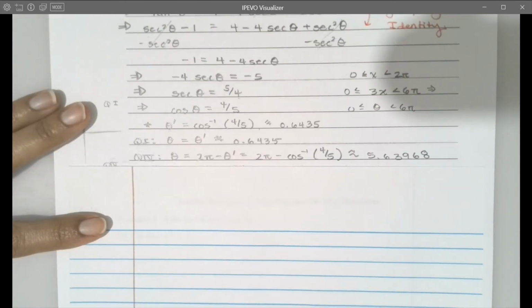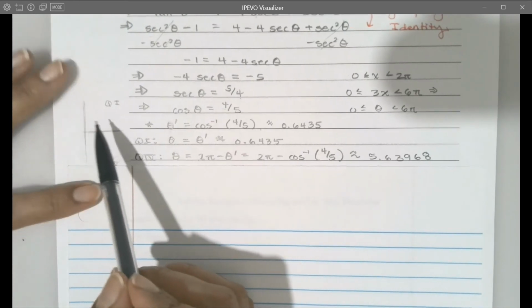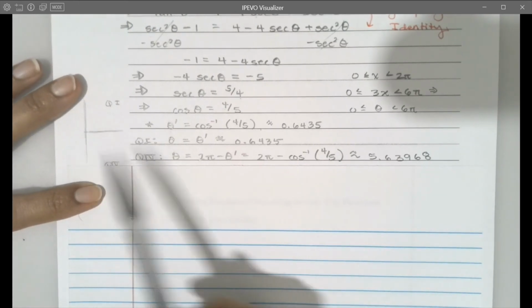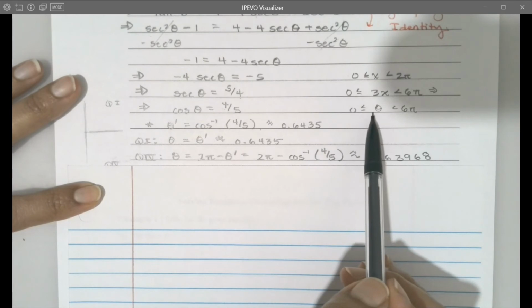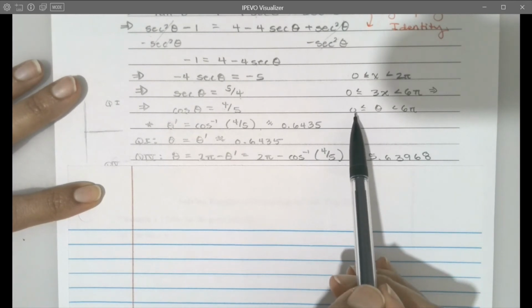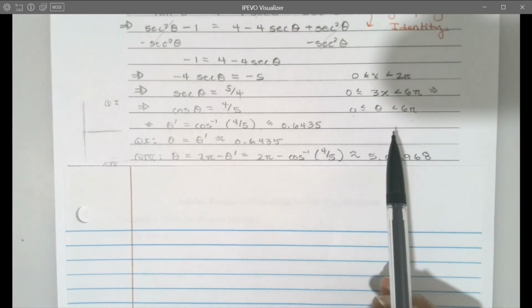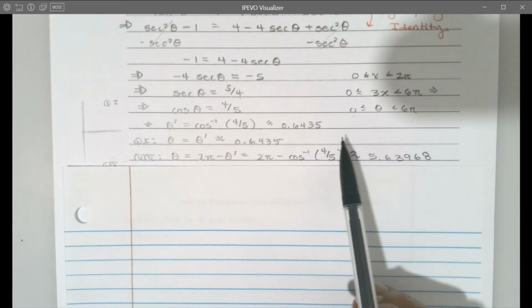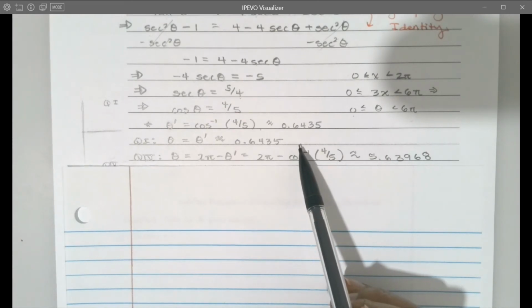Now remember, these angles are just between 0 and 2 pi. But we need all the angles that are in the range of 0 to 6 pi. So that means in the range of 3 full cycles. And we only have 1 cycle currently.